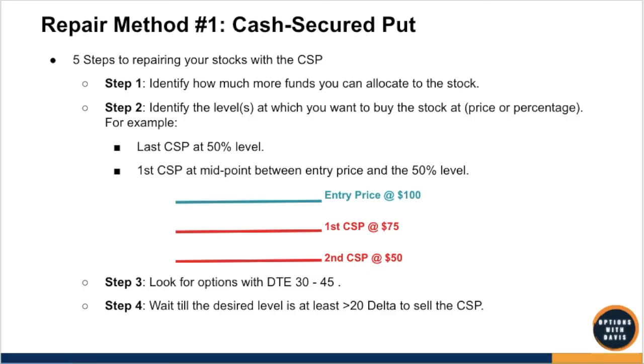So rather than sell the strike price at 5 deltas, I would rather wait for the stock to drop a little bit more, and once it becomes 20 delta, then I will start to sell. So that means that I might just have to wait a little bit longer. The stock might just go back up, and if the stock goes up, I might have missed out on selling the 5 delta for the little premium that it is giving.